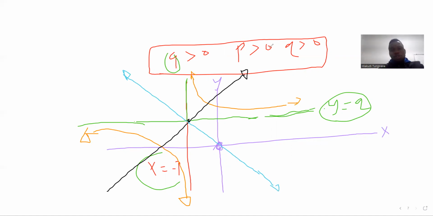Obviously now, because your graph is sitting between the first and the third quadrants, this line, the black line, is the only one that is cutting your graph into two equal parts, right? This part here is not drawn fully to scale, so it looks smaller, but it's going to go up.